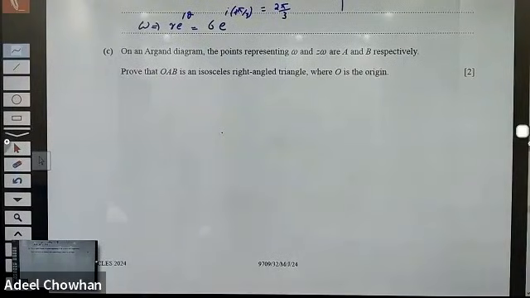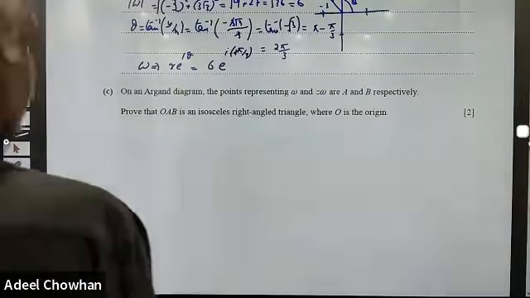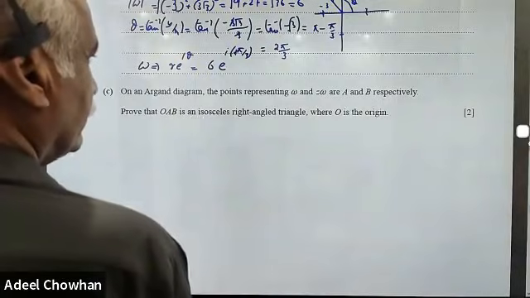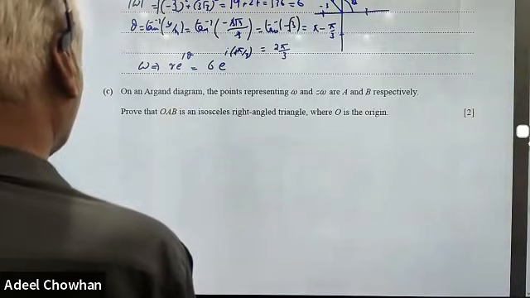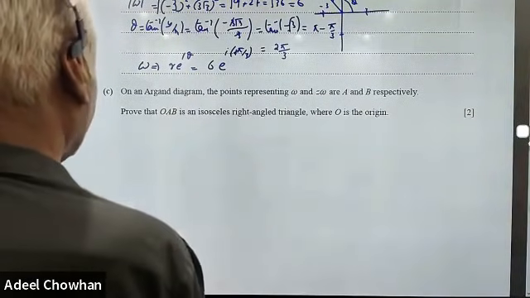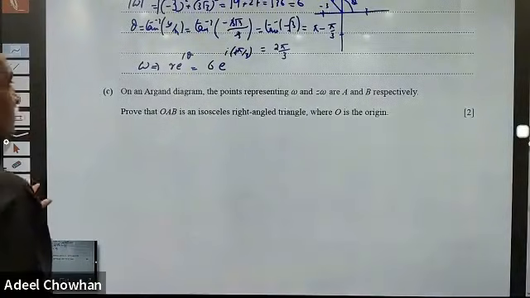On this Argand diagram, the points representing w and wz are represented by A and B respectively. Prove that OAB is an isosceles right angle triangle where O is the origin.